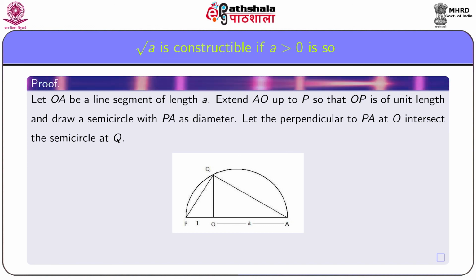Let OA be a line segment of length A. Extend AO up to P so that OP is of unit length, and draw a semicircle with PA as diameter. Let the perpendicular to PA at O intersect the semicircle at Q.